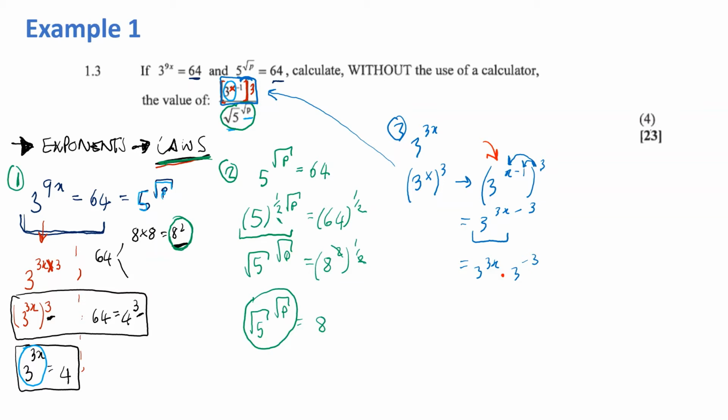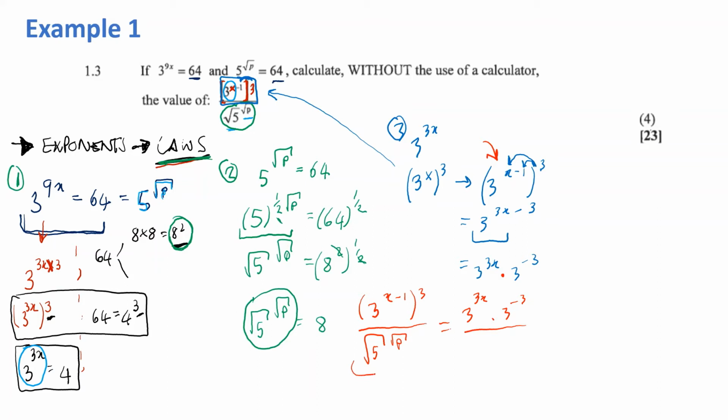So the final solution is, I'm going to write it here on the right, 3 to the power of x minus 1 to the power of 3, divided by 5 square root 5 to the power of p. This equals 3 to the power of 3x multiplied by 3 to the power of minus 3.